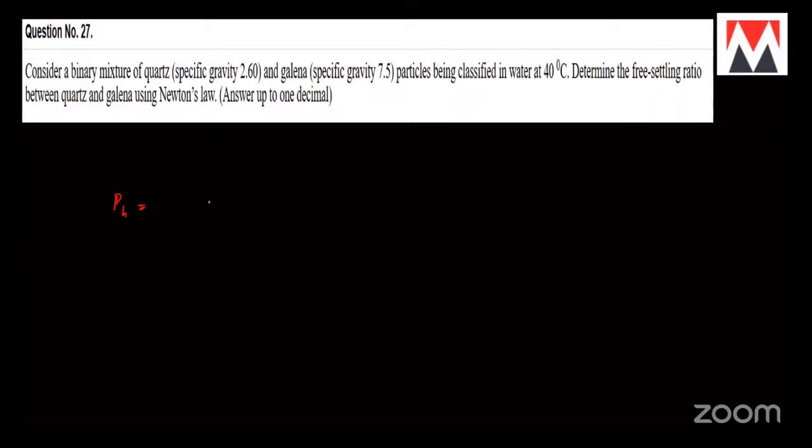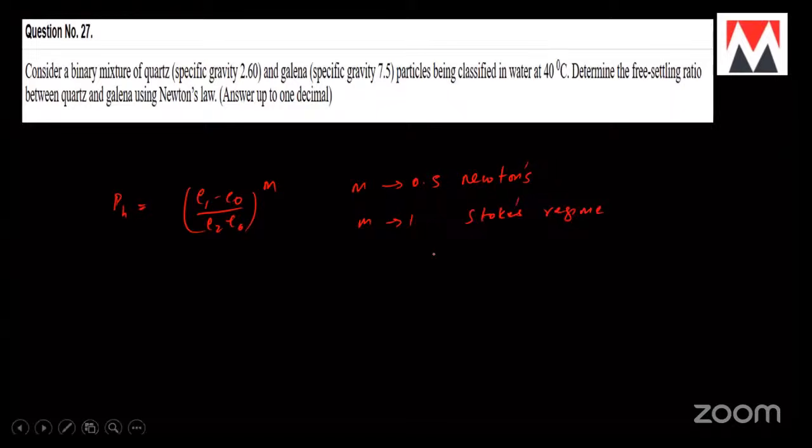Suppose you have rho 1 minus rho naught by rho 2 minus rho naught whole power m. When m is 0.5, it is Newton law. When m is 1, it is in Stokes regime. Okay, these two have some basic difference.